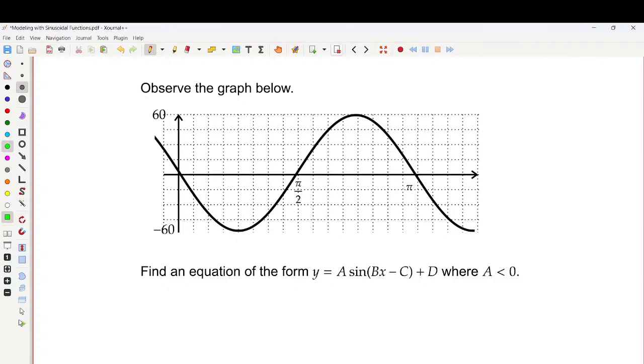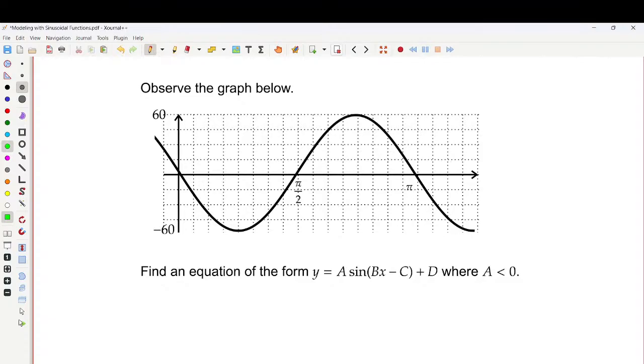An equation of the form y equals a times sine bx minus c. By the way, we do have to distribute at the end. Just kind of recognizing that. That's what this says. Plus d, where a is less than 0. Oh, and we need to have a negative a value. Our amplitude must be negative.